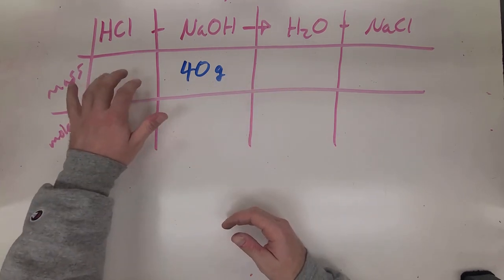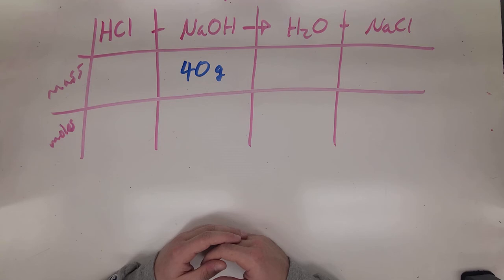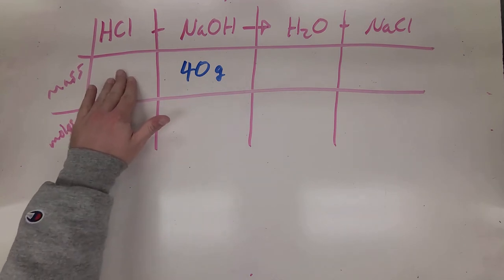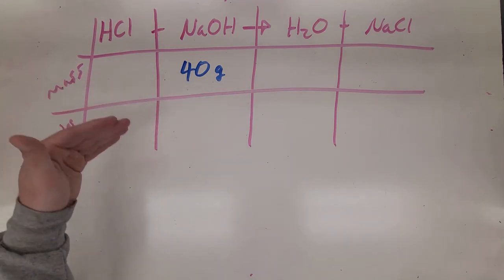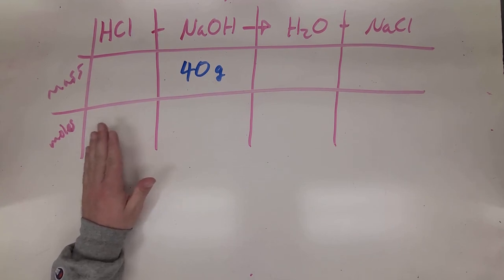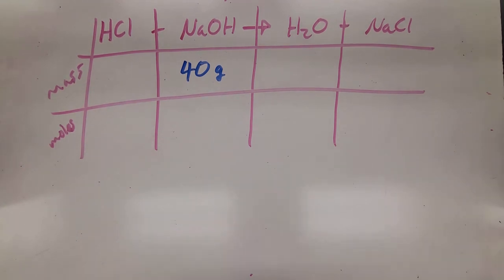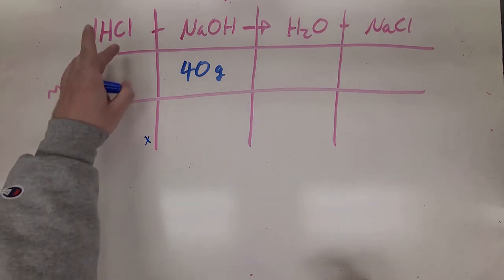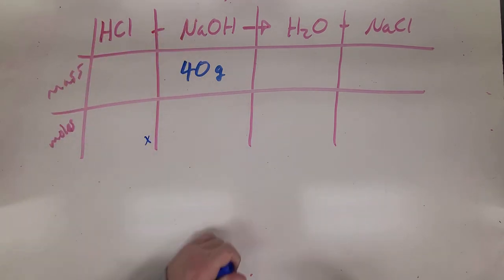How many grams of hydrochloric acid would be necessary to neutralize that sodium hydroxide? Obviously you're not going to really measure hydrochloric acid in grams. That would be in milliliters, but we know the moles here. Actually, let's just find the moles, and that'll make this a shorter clip. How many moles of hydrochloric acid would be necessary to neutralize that sodium hydroxide?